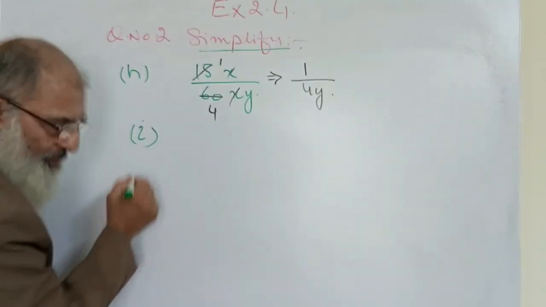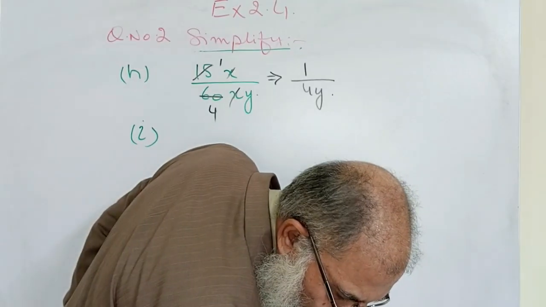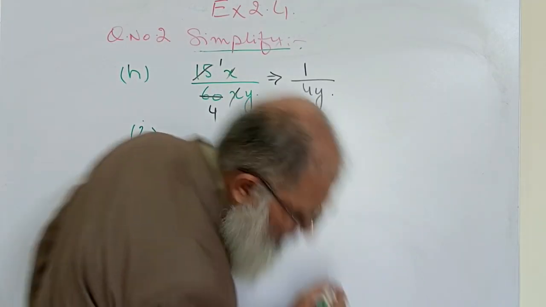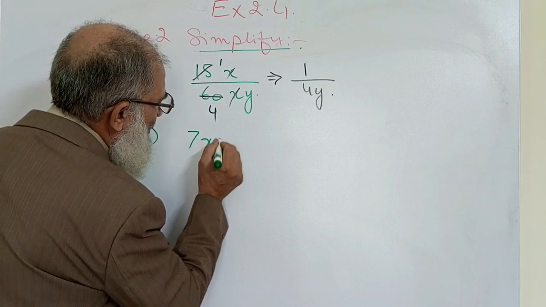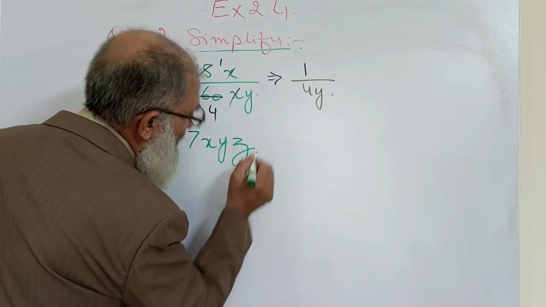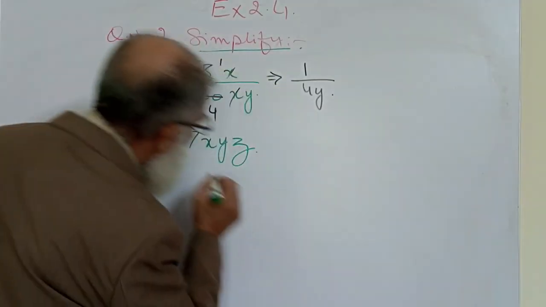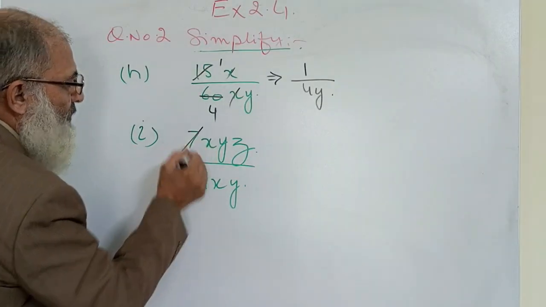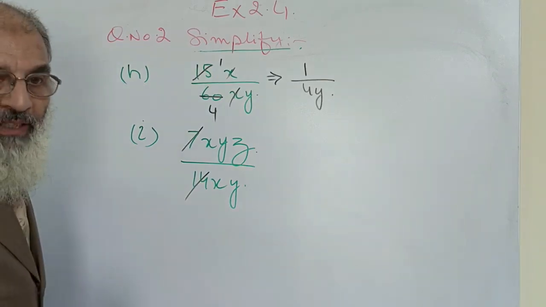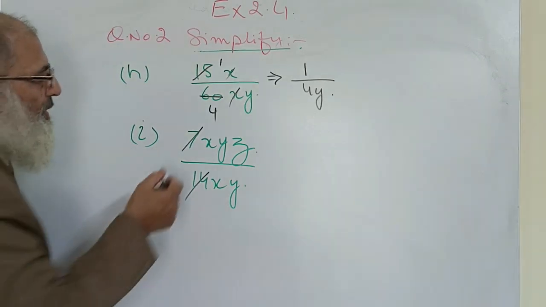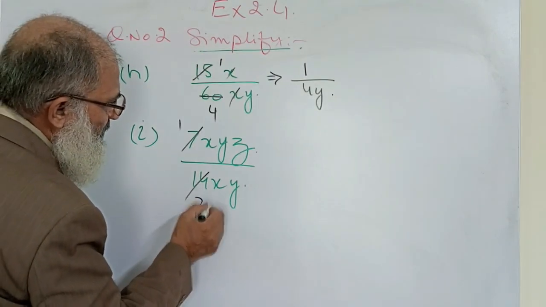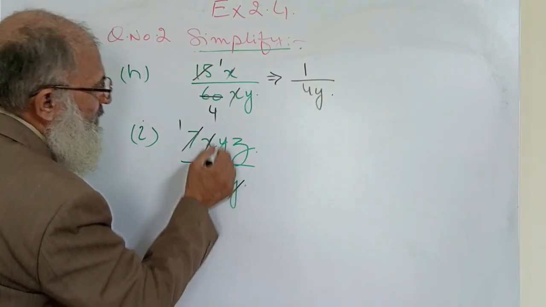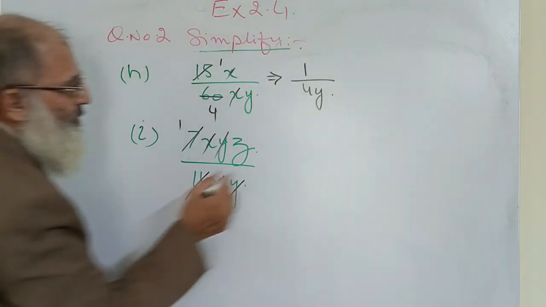Part I is 7xyz, which is being divided by 14xy. Same is the case, the denominator is greater, no problem. Now we are very clear that we can do it 1 times, 2 times, this will be crossed with this and this will be cancelled with this one.